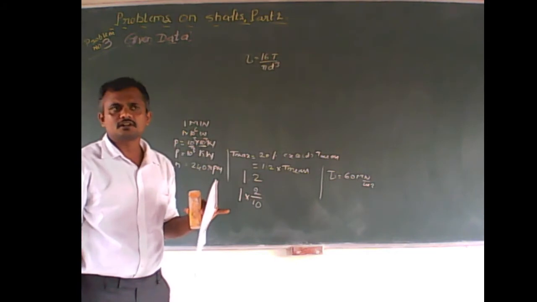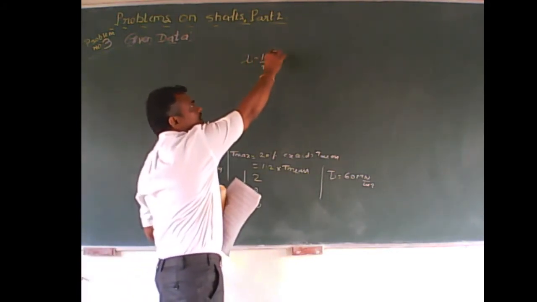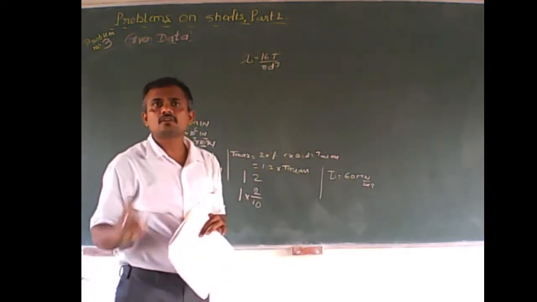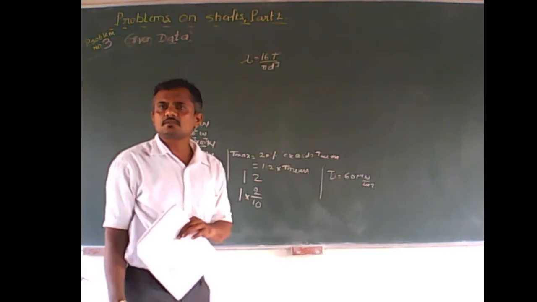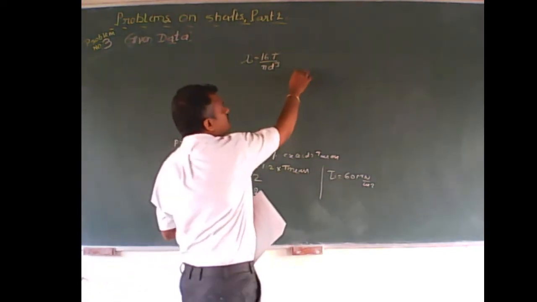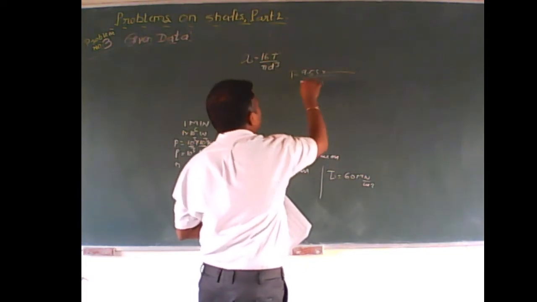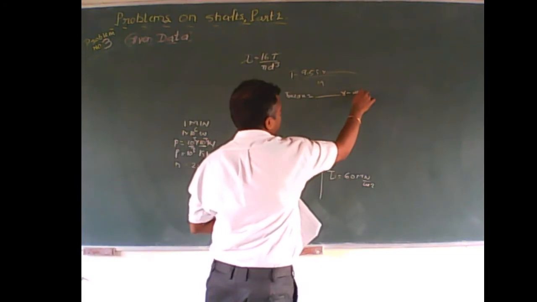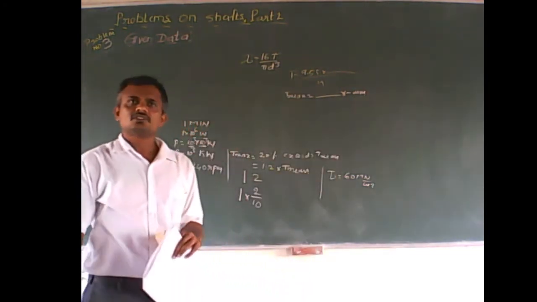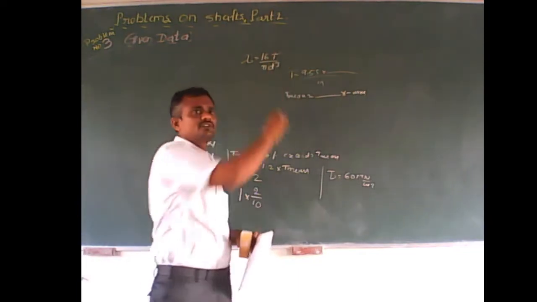Tau is given. Is the torque given? No. We have to calculate the torque first, and then ultimately calculate the value of D. For that we use the equation 9.55 into so and so upon N, which gives T mean in newton mm. Afterwards this cannot be substituted here.